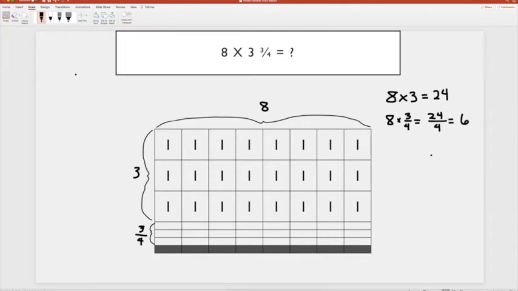We just need to add our partial products. 24 plus 6 is 30. So we wind up with 30 units squared.